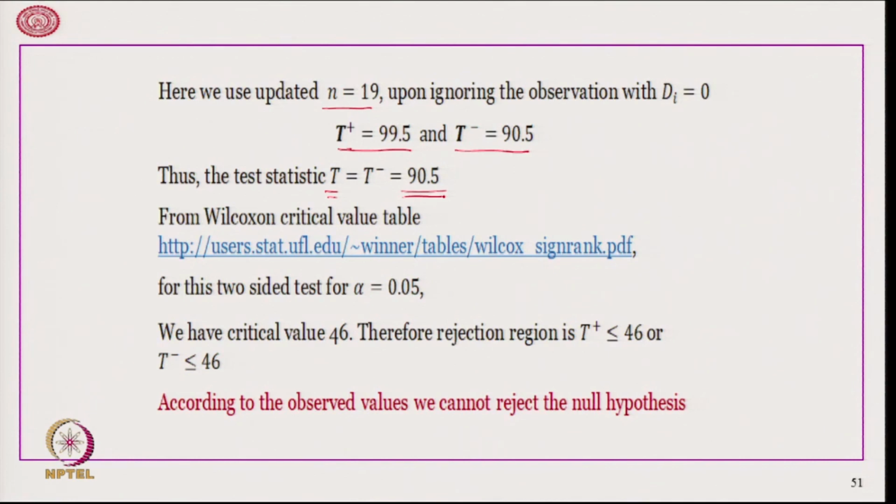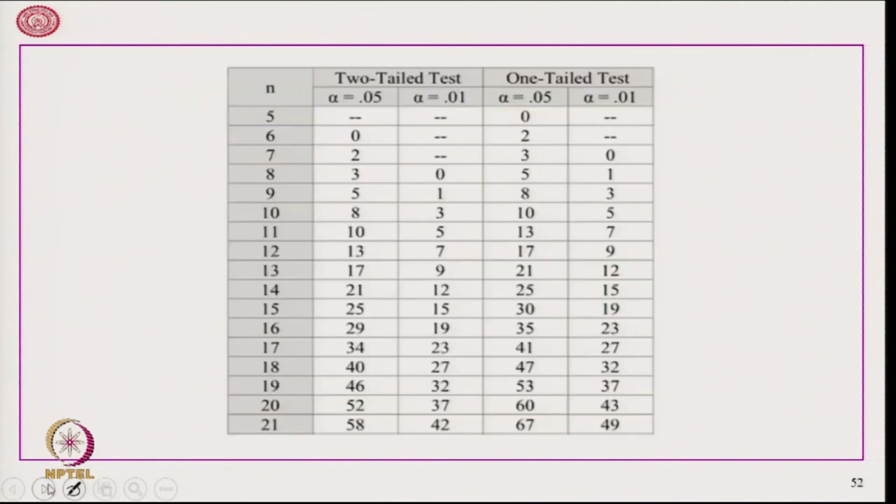Now, the question is whether we should accept the null hypothesis or reject it. Therefore, we go to the table, in this case the Wilcoxon signed rank table, which is available in this location. This is available over the internet, you can refer to that, but for your understanding I am showing some portion of the table.